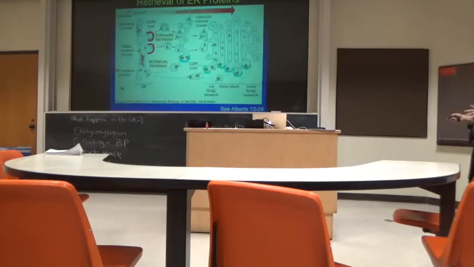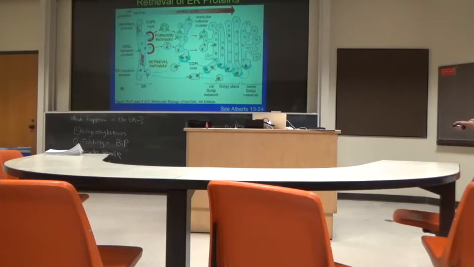And it turns out that the KDEL receptor is exquisitely sensitive to pH. So there's a pH gradient as we go from the endoplasmic reticulum through the secretory pathway. Whereas the ER is relatively neutral, you get more and more acidic the further you go along the secretory pathway.